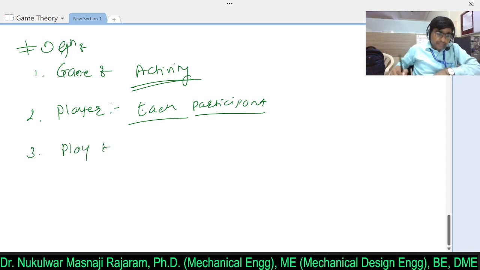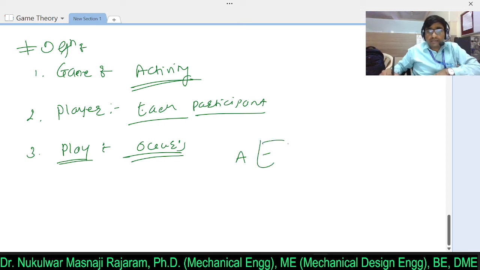Next is play. A play is said to occur when each player chooses at least one of its courses of action. So when can we say play? Let's say different choices are there, and this player also has different choices.